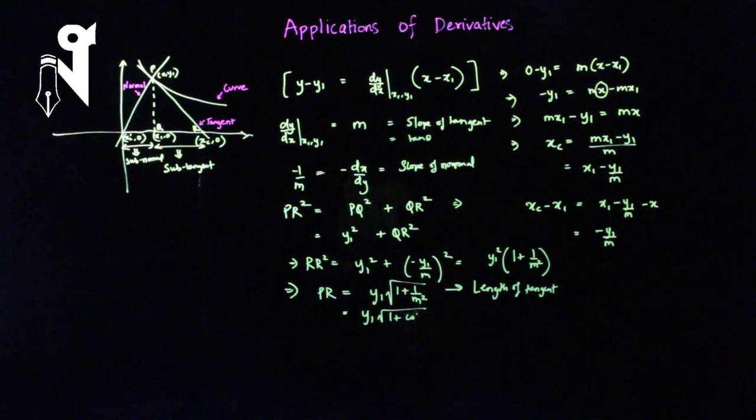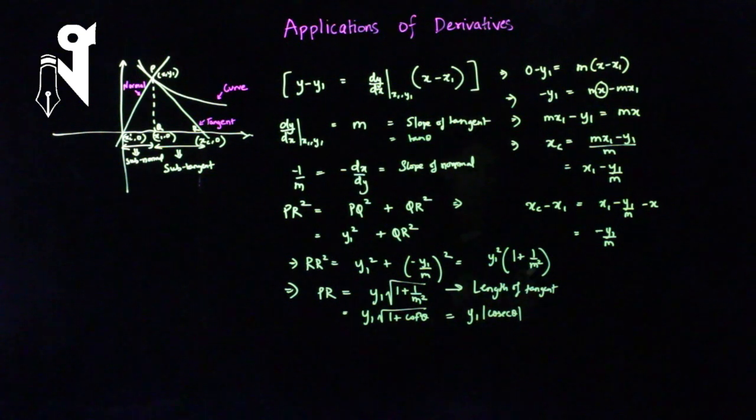So I have 1 plus cot square theta, which is also an identity that is basically cosecant square theta. So I have y1 under root cosecant square theta. So it's just y1 cosecant theta. Since we're taking a quantity, squaring and then putting an under root sign, that basically gives us a mod.